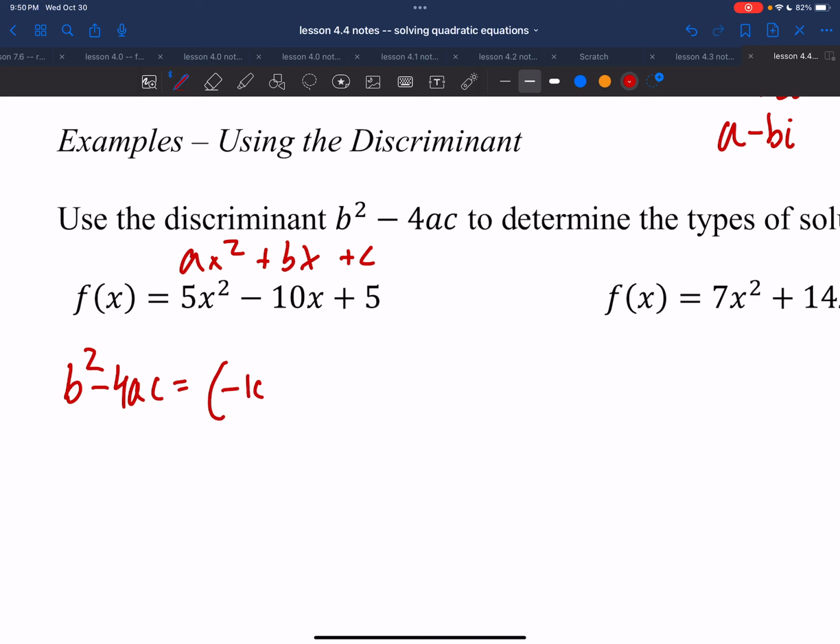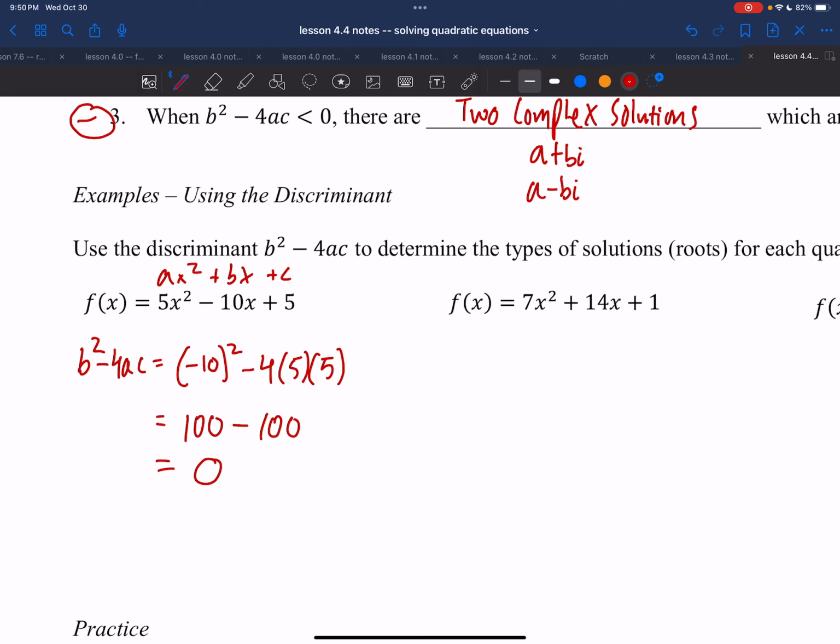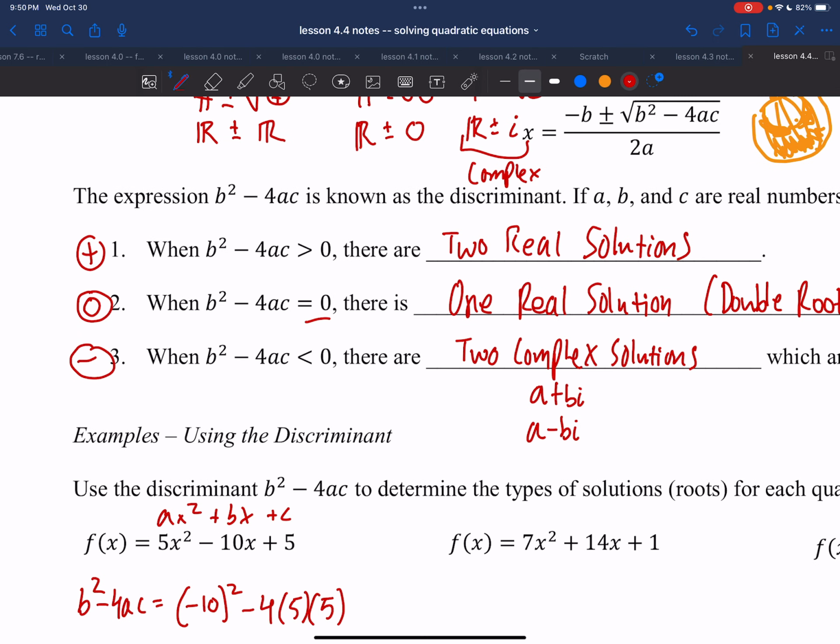B is negative 10 squared minus 4 times a is 5, c is 5. And then I just do my arithmetic. Negative 10 squared, that's 100. Minus 4 times 5 is 20. 20 times 5 is also 100. So 100 minus 100 is 0. Okay, so the discriminant comes out to 0, means there is one real solution.